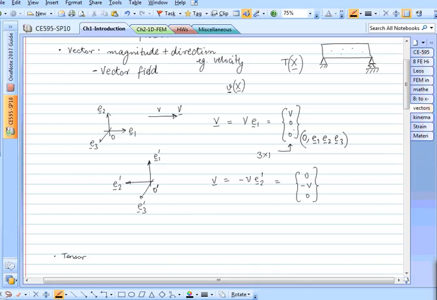If I do not specify the coordinate system, then that definition of a vector is not complete. Similarly, I can say E1 prime, E2 prime, E3 prime. This is the definition in the other coordinate system. And now I can say that both of these definitions are equivalent.